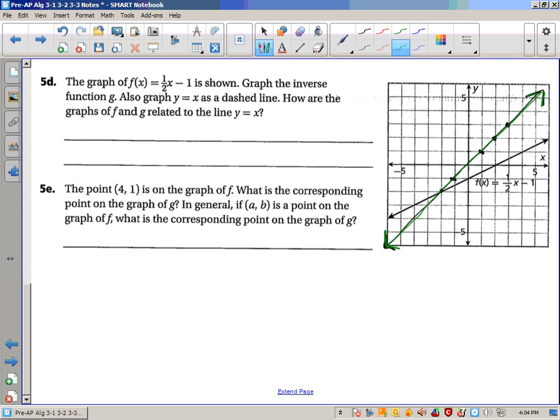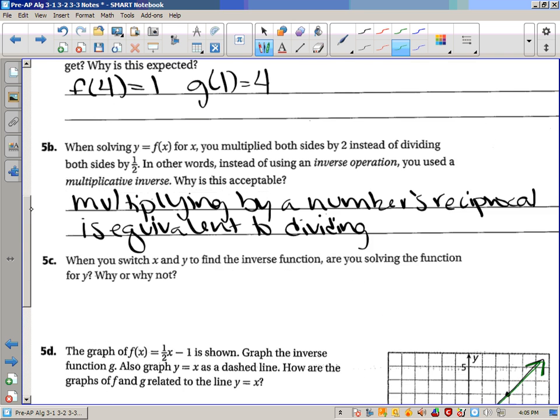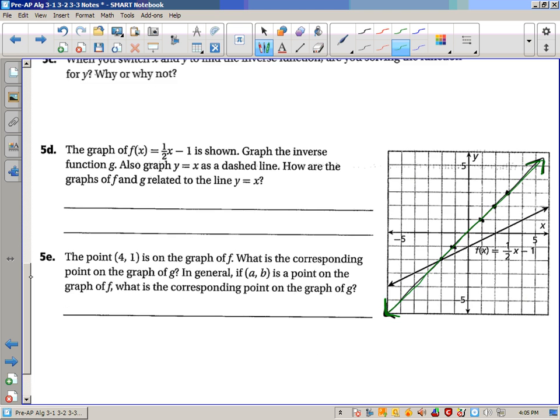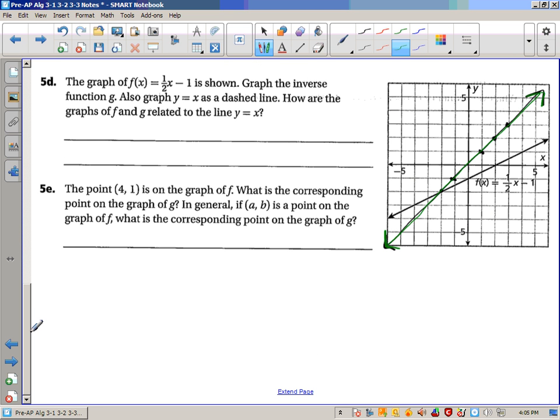Then they want us to graph g of x. G of x was 2x plus 2, if I recall. Yep. So 2x plus 2, this may be a bit of a review for you guys, but one way that I can do that is I can graph the 2, the constant, plus 2 as the y-intercept first.